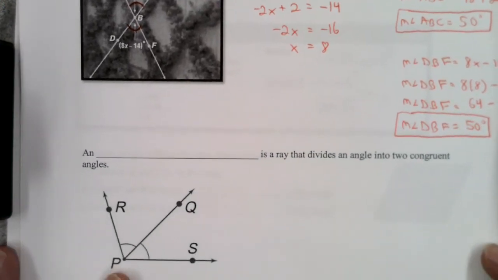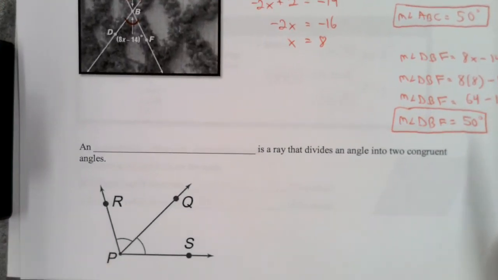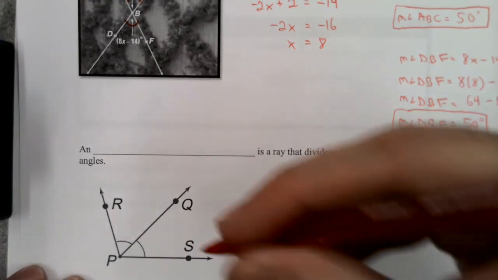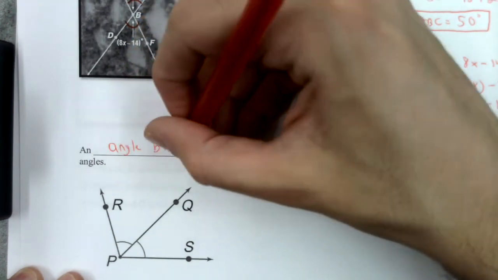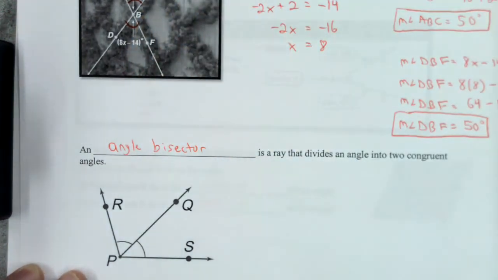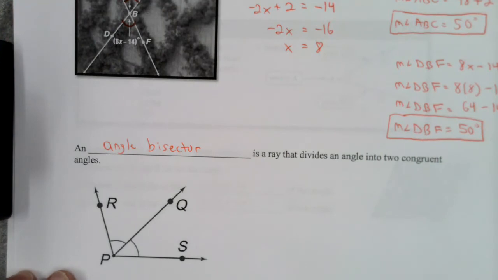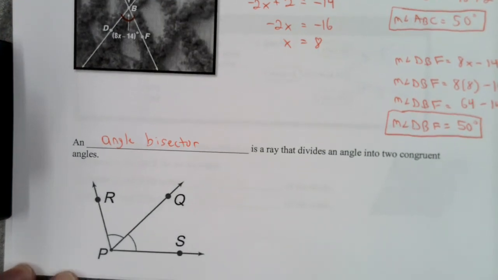Okay. And one more definition. If you remember back to lesson 3, I told you a segment bisector is something that cuts a segment into two congruent halves. Okay. This is called an angle bisector. An angle bisector is a ray that divides an angle into two congruent angles.